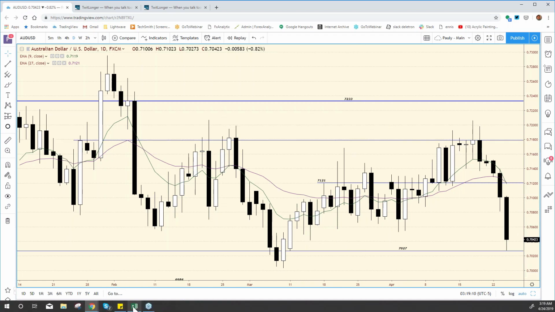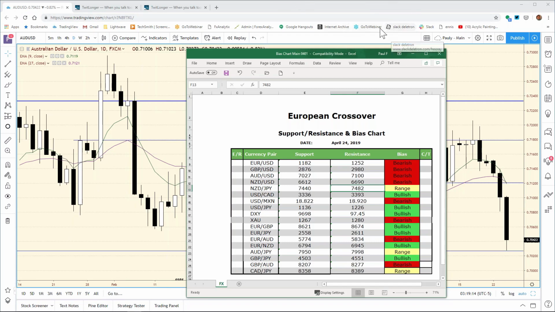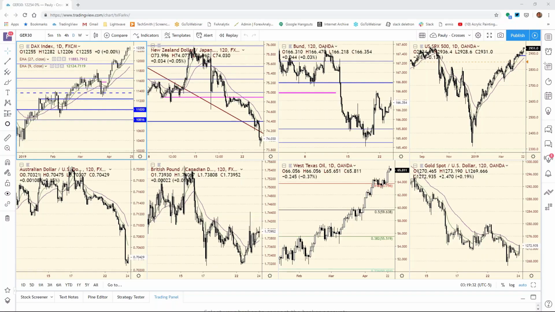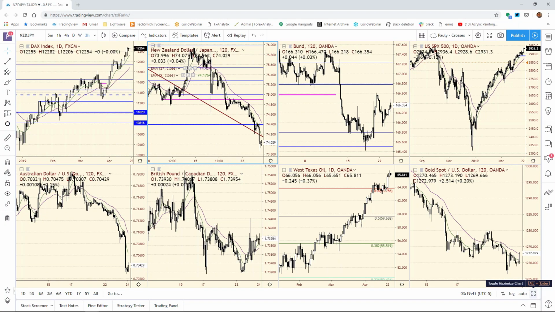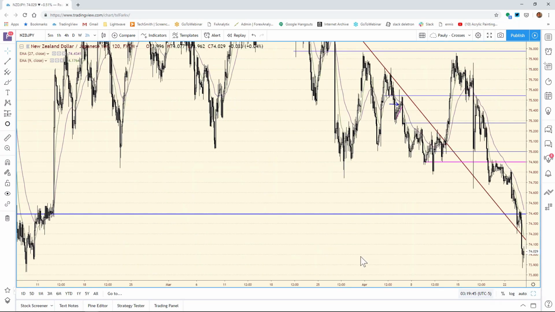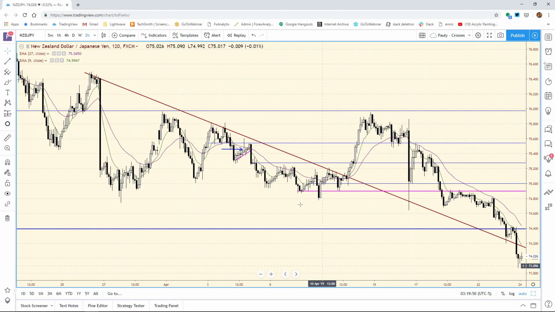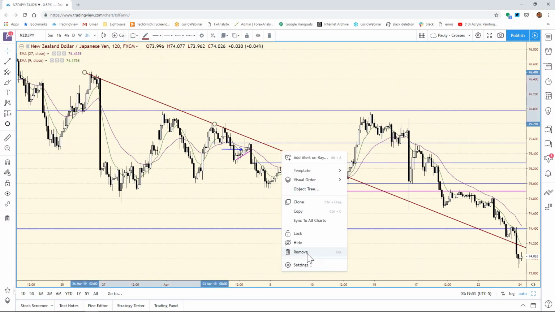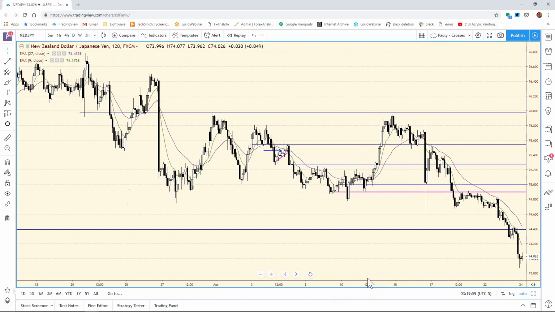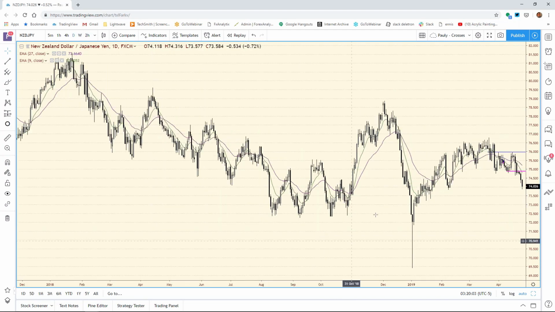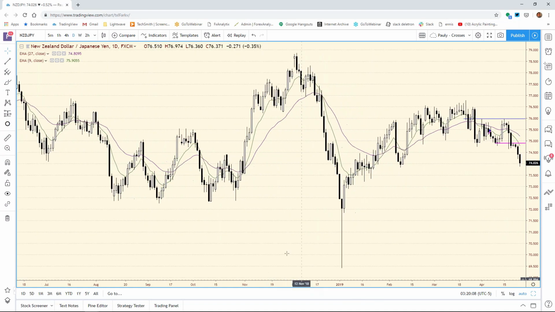And let's go moving now to the New Zealand yen. Well, we're pretty oversold here.